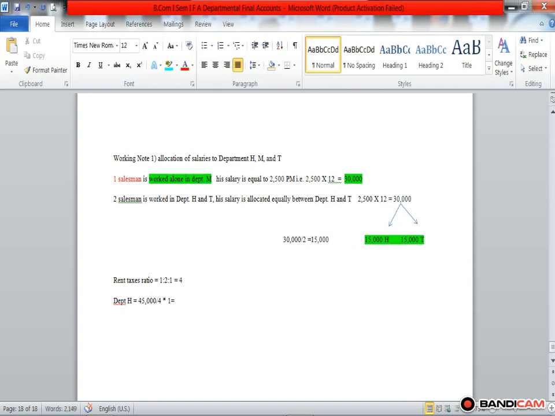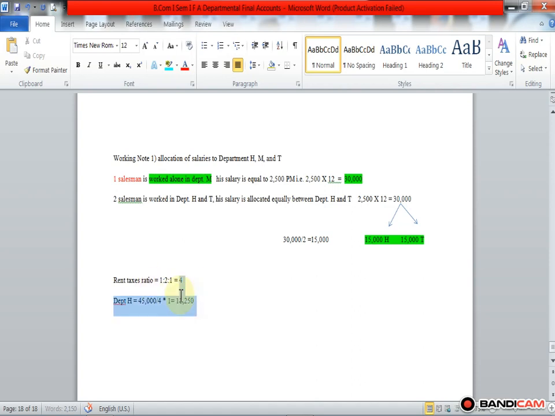We get an amount, and that amount is 11,250. Okay, calculate again the amount of department H: 45,000 divided by 4 into 1, that is 11,250.